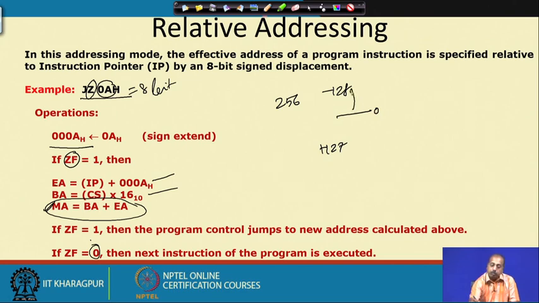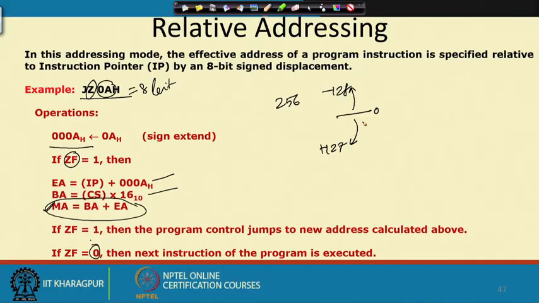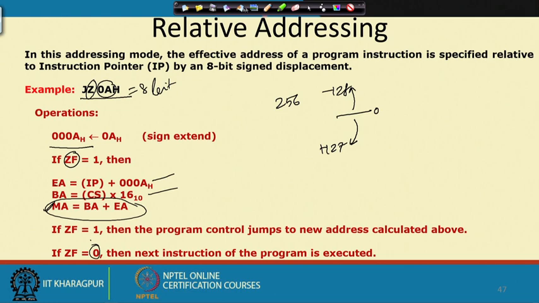From there you can go back by minus 128 locations, or you can come forward by plus 127 locations. Unlike, say, the ARM processor, where it was plus or minus 32 MB, which was quite a big number, here it is restricted. Of course, we have other types of branching in which you do not need to be restricted by this 8-bit, but relative addressing is 8-bit.